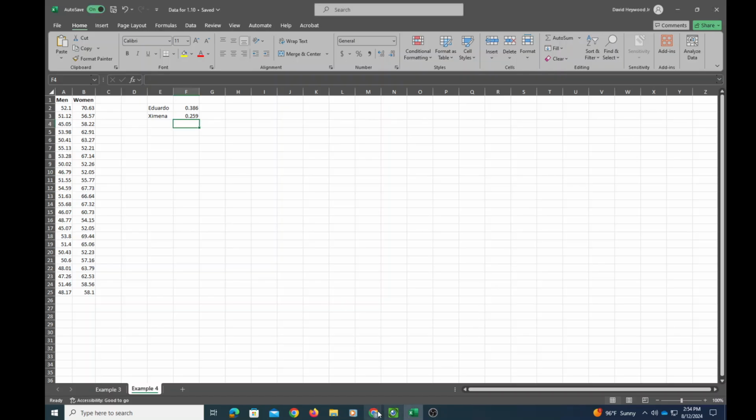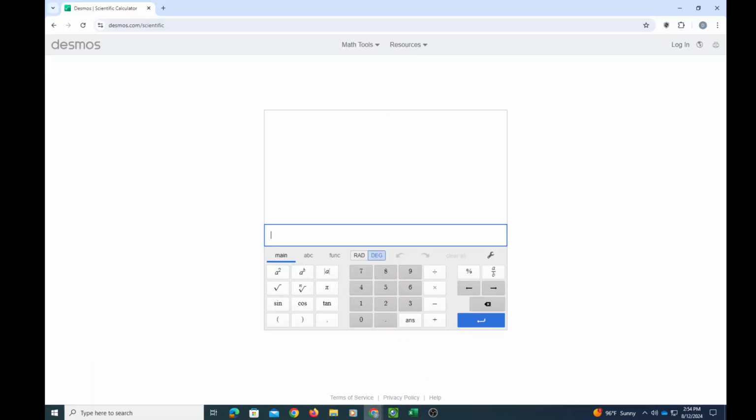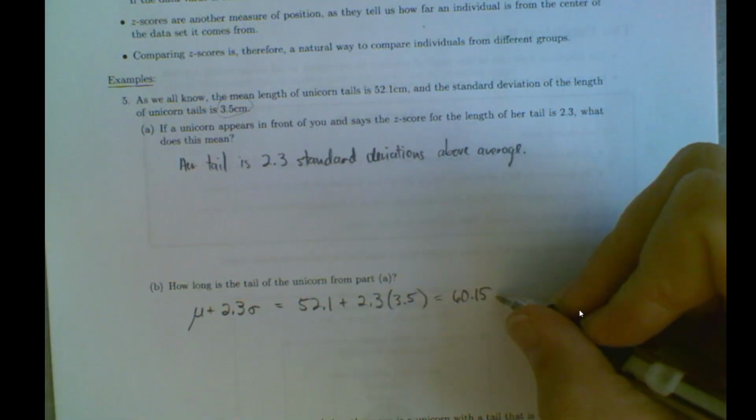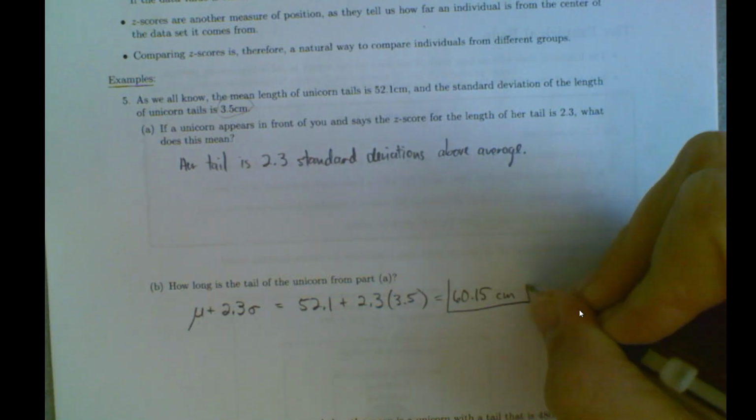So we're going to do 52.1 plus 2.3 times 3.5. Let's head over to the Desmos calculator to figure out how much that is. Okay, so we're going to do 52.1 plus 2.3 times 3.5. And there we go, 60.15. And this is centimeters. Okay, so 60.15 centimeters.